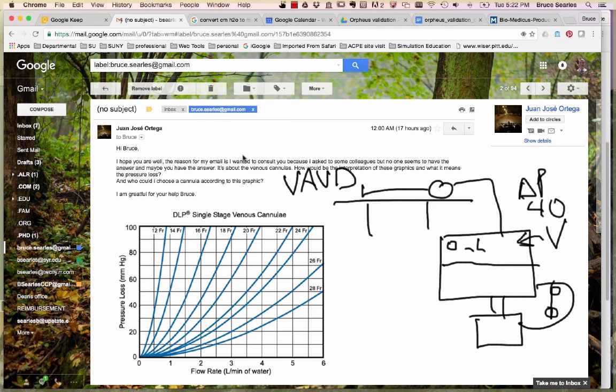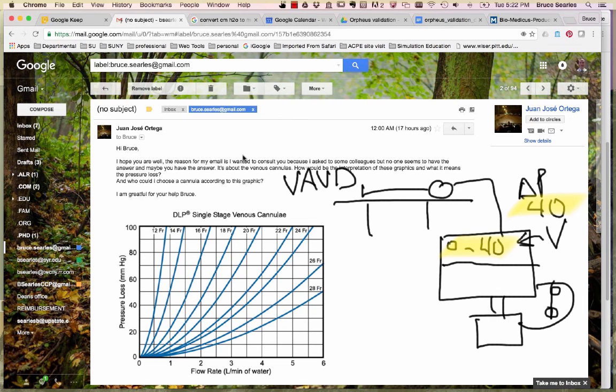I know some institutions are allowed to apply negative 60 to the head space of the reservoir for their vacuum-assisted venous drainage. Personally, I draw my limit somewhere around minus 40. So then we would have minus 40 in the reservoir, and we still have 40 difference in height from gravity.